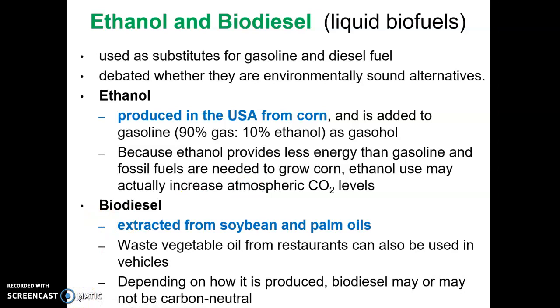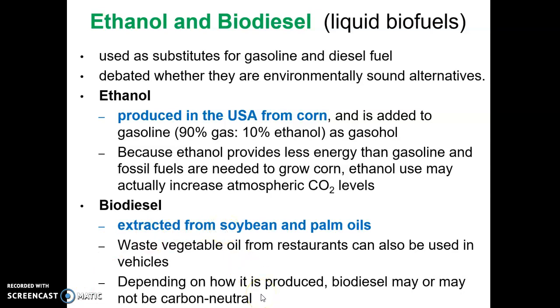So, moving on to biodiesel. Biodiesel is not produced from corn. It's typically produced from soybean, and it also may be produced from palm oils. It can also be extracted from vegetable oil that was produced as waste at restaurants, and that can be on a very small scale, of course. So large-scale production is based typically on a soybean crop.